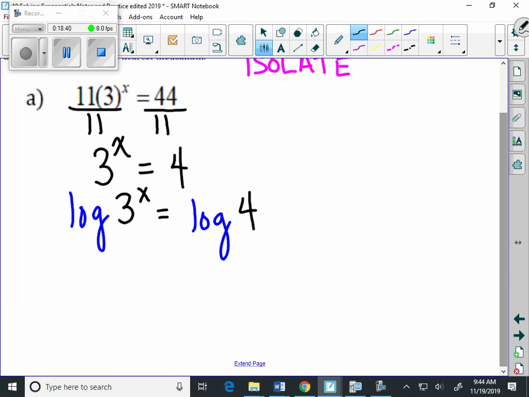Now that we've got that, we can use our logarithm property, which says that we can take our exponent and write it out in front. So this is going to be x log 3 equals log 4.